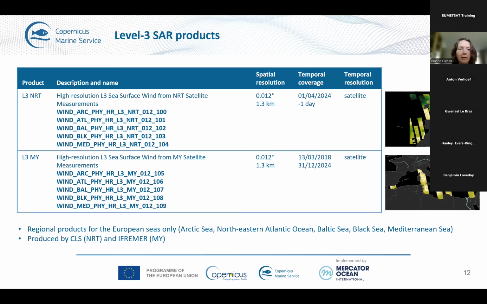And as Anton already mentioned, these have a high resolution, but because it's a different type of instrument, the accuracy is also different than for scatterometers. But it's a complementary product to scatterometers, and we're also using it ourselves to compare and to improve both the SAR products and the scatterometer products.